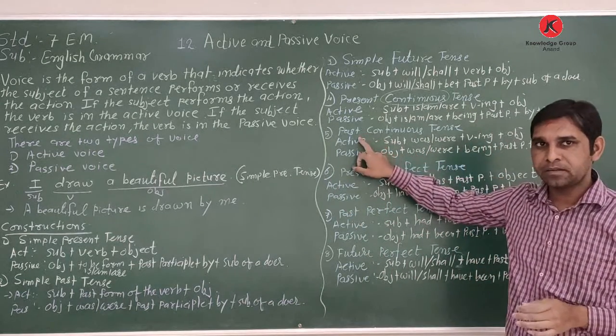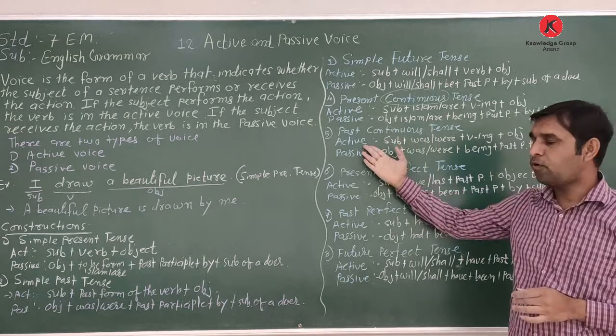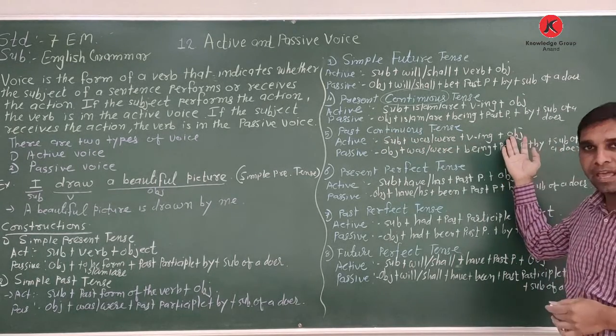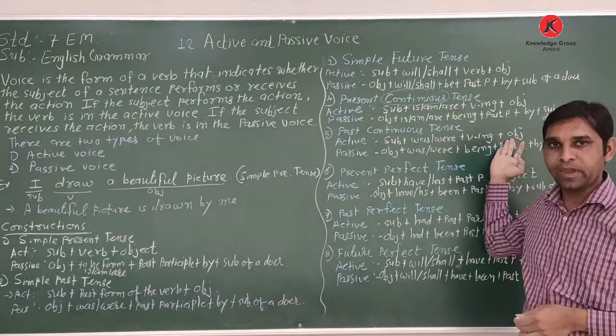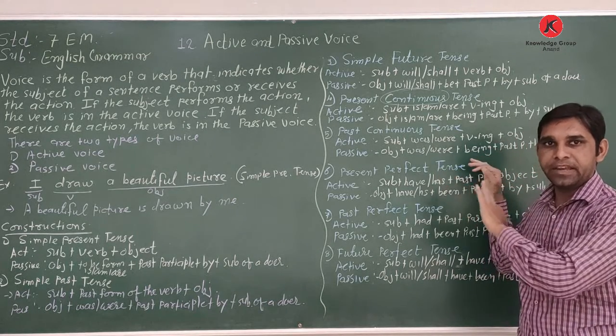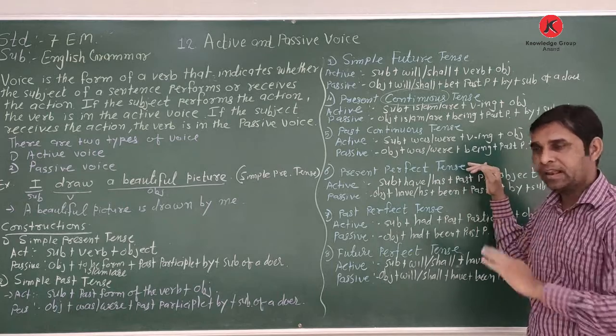Now comes to the past continuous tense. The active voice is subject plus was/were, then verb with ing, then object. She was writing a letter.